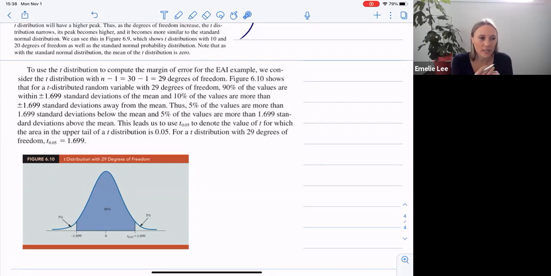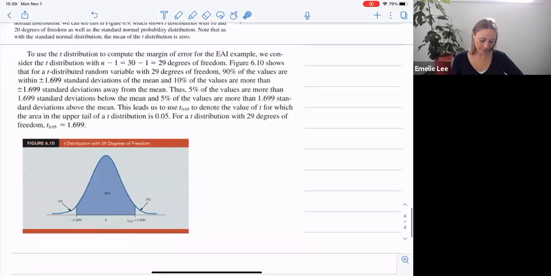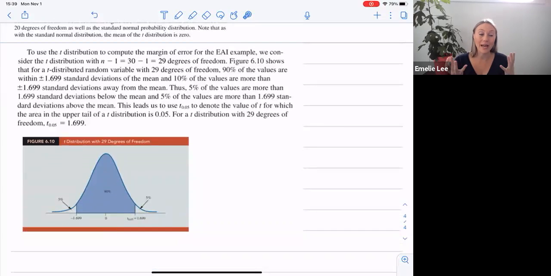And so we can find the central 90%, 95% in a very similar way to how we did it with the Z curve, right? But often we're just going to use software to calculate these critical values. Okay, so these are called critical values. How much do you need to move out to capture the central 90%, 95%?